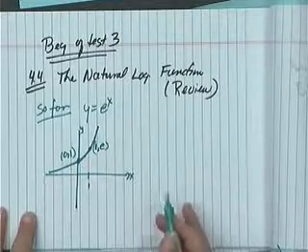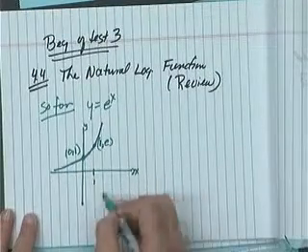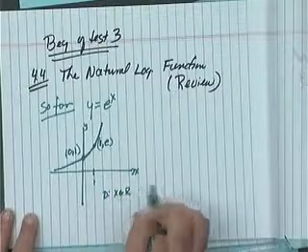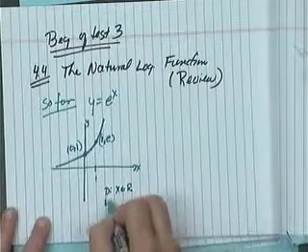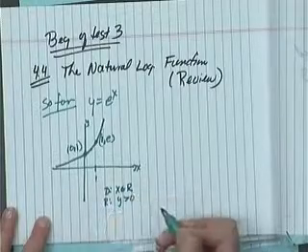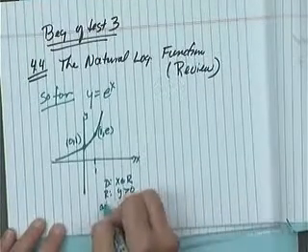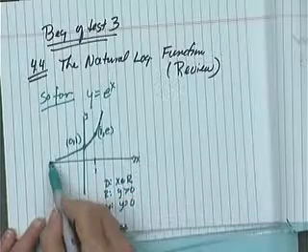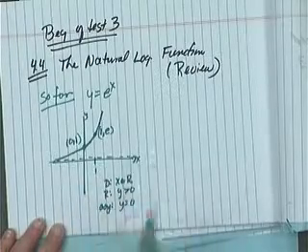The natural exponential function, you remember the domain is x is all reals. The range is y is greater than 0. And you'll remember your asymptote is the line y equal to 0. You had your asymptote right here.